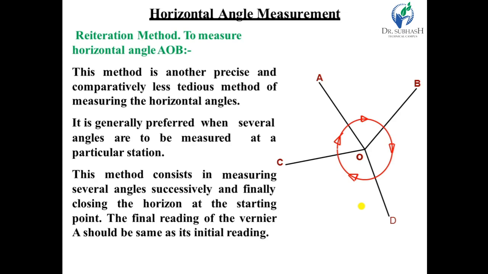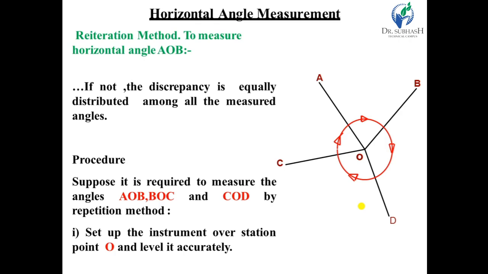This method consists in measuring several angles successively and finally closing the horizon at the starting point. The final reading of vernier A should be the same as its initial reading. If the initial reading and final reading are not the same, the discrepancy is equally distributed among all the measured angles.